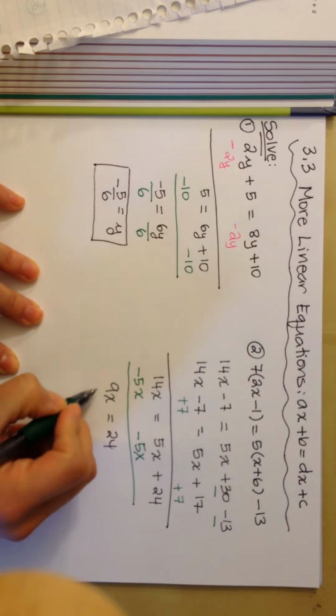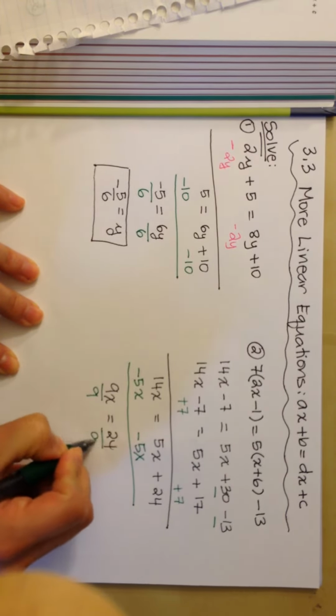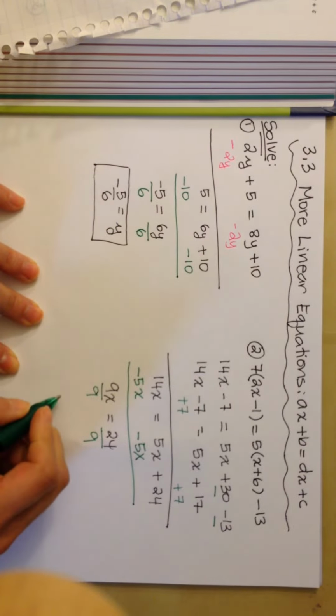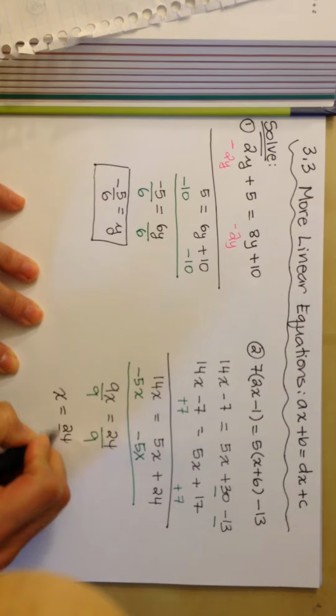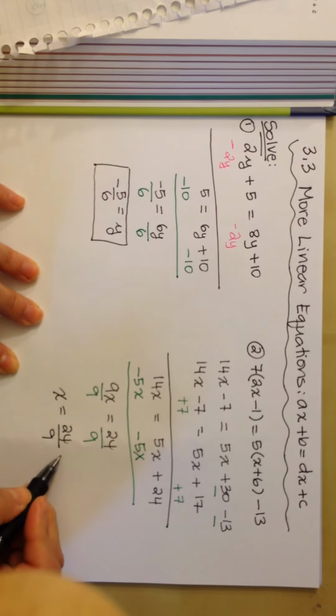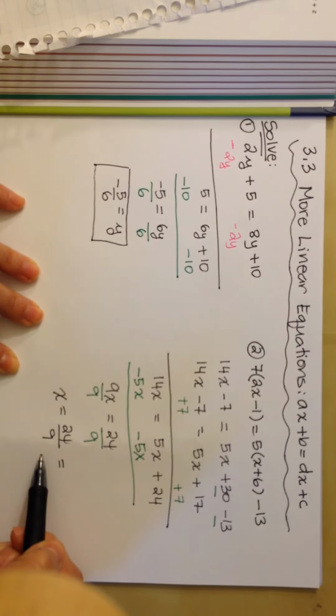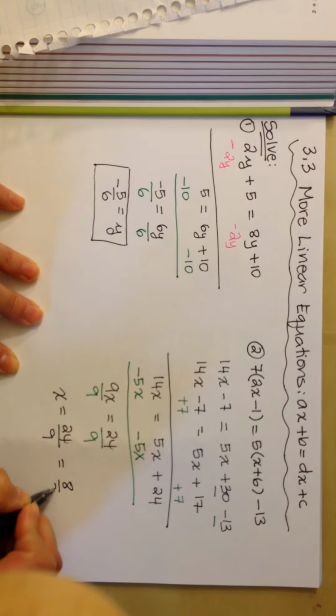We divide by 9 to isolate the variable, and we get x equals 24 over 9. And notice that we can reduce this fraction. You can reduce the numerator and denominator by 3. And so if we do that, we get 8 over 3.